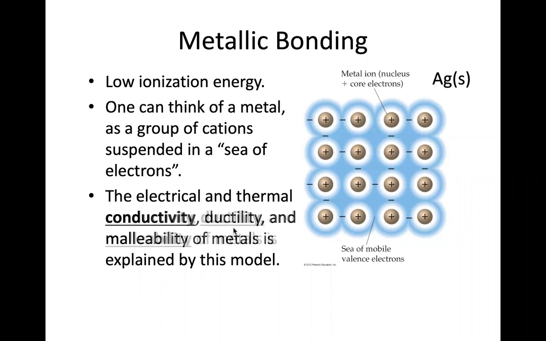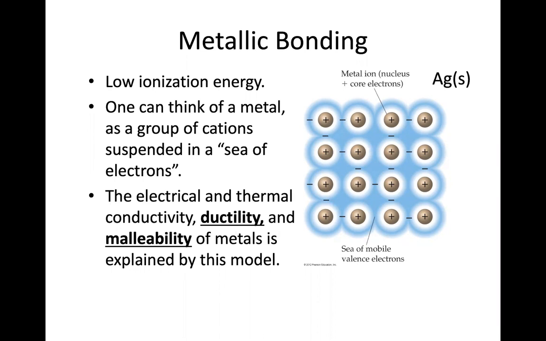In terms of being ductile and malleable, that means you can change their shape. You can distort them. If you were to take this right here and began to squish it, twist or turn it, you're not going to be disrupting the whole framework of the bonds. You could twist or turn this and you still have that sea of electrons serving to hold it together.